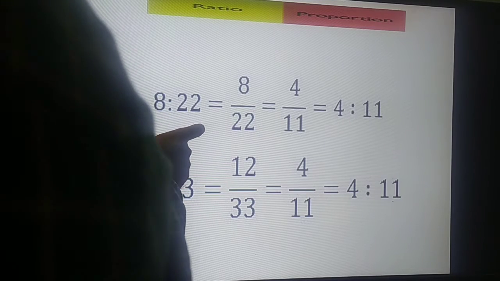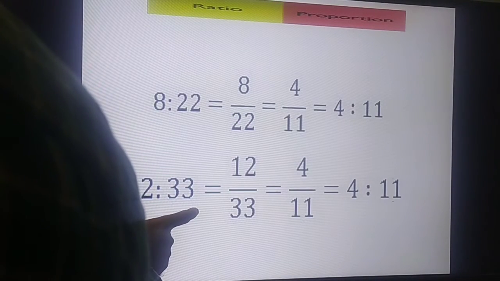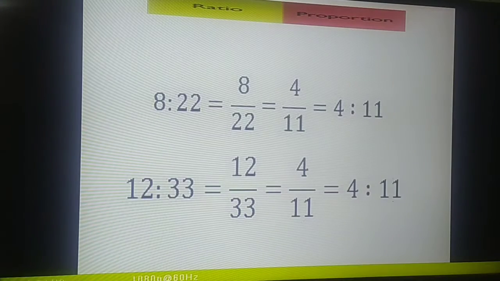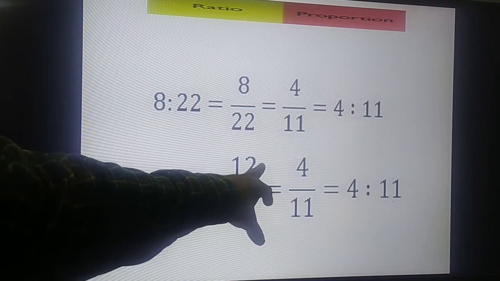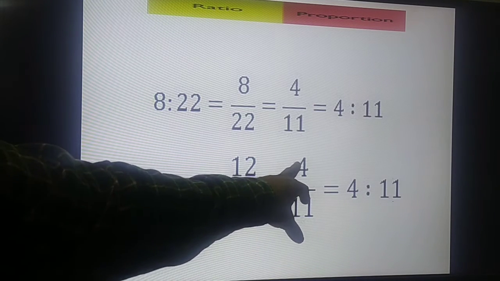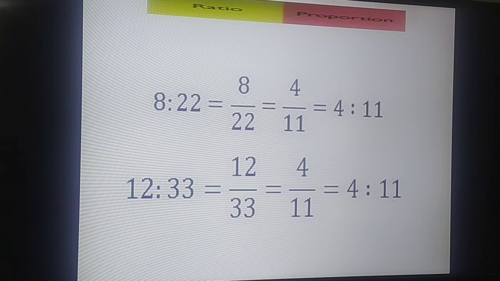So the equivalent of 8 by 22 is 4 by 11. Similarly 12 by 33, if you divide this by 3 and this by 3, it gives 4 is to 11.